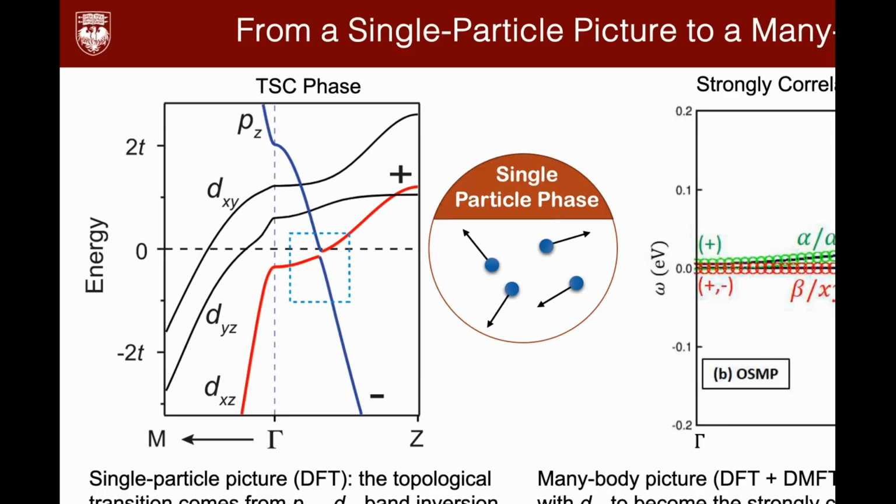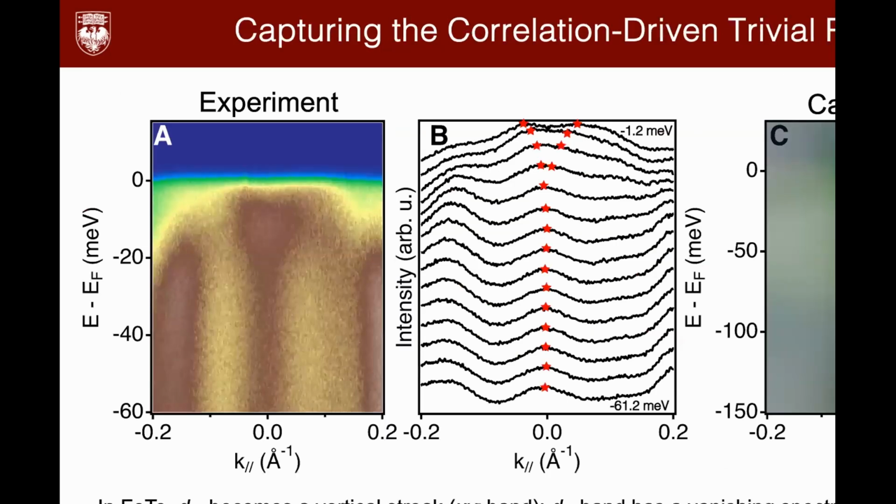This is an insight that you would only get after considering the electronic correlations. What this means is that the orbital character of different bands actually changes as you systematically increase the strong correlation effect. So what does it mean here?